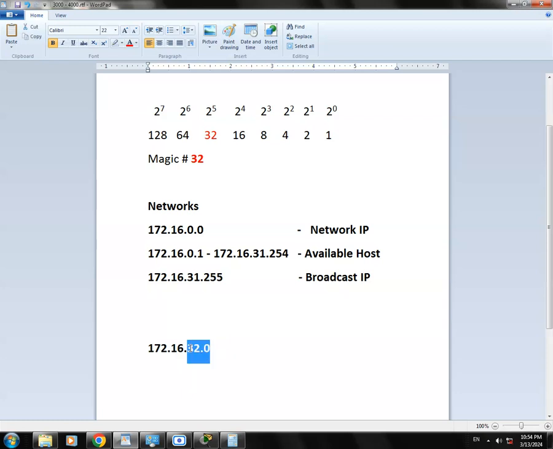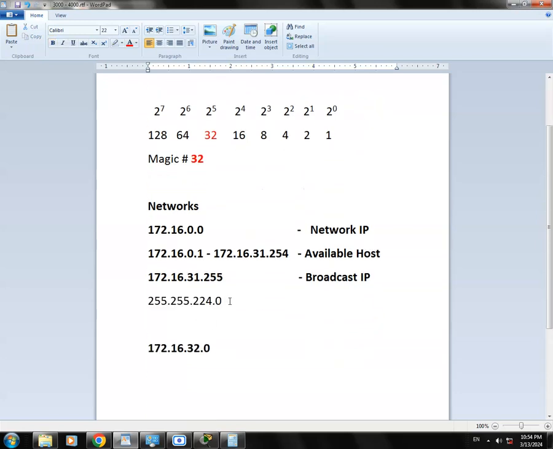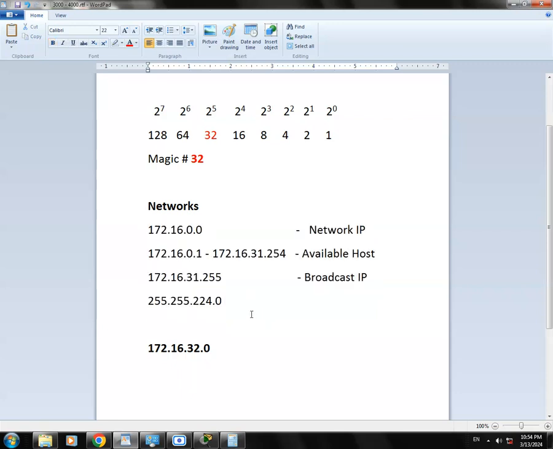So we can use this as our next network IP. But let's first put the subnet mask on this, slash 19. There you go, and this is the subnet mask.